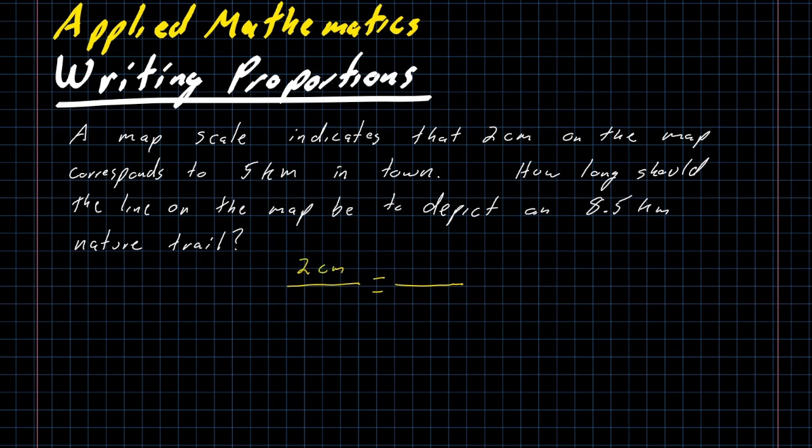The map scale, 2 centimeters on the map, corresponds to 5 kilometers in the world. The nature trail has an unknown length on the map, but corresponds to 8.5 kilometers in the world.